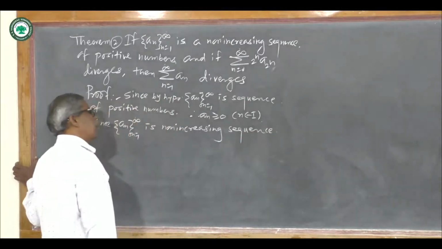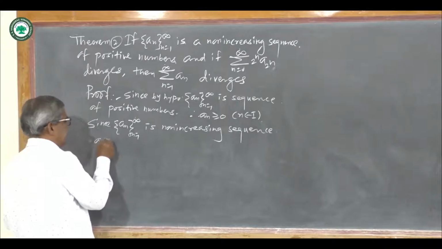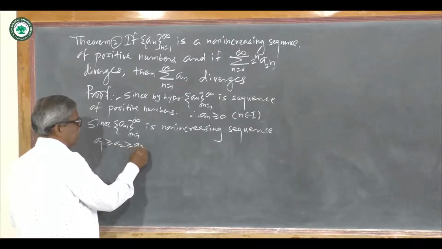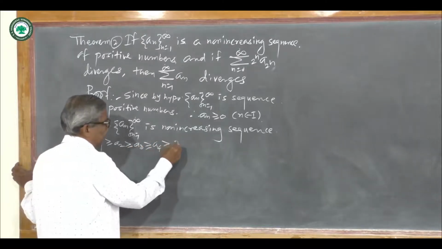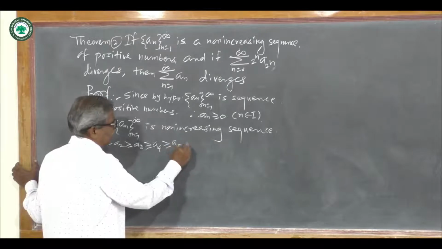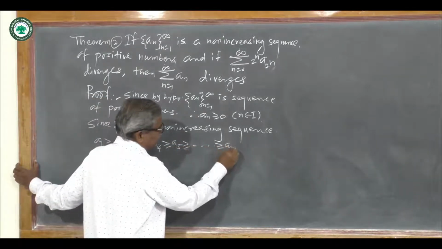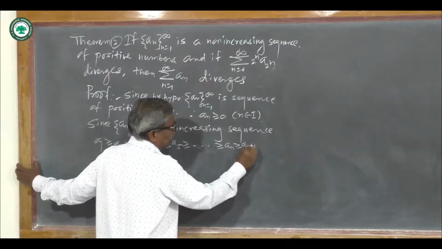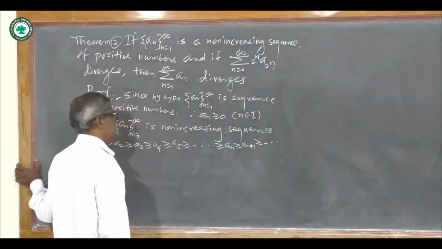Therefore, by definition of non-increasing sequence, a1 is greater than or equal to a2, a2 is greater than or equal to a3, a3 is greater than or equal to a4, a4 is greater than or equal to a5, and so on, a_n is greater than or equal to a_(n+1), and so on.